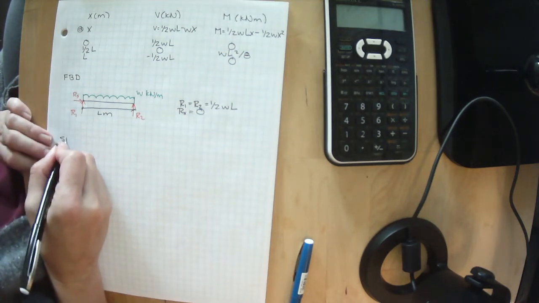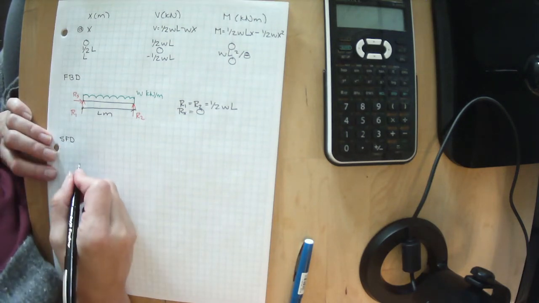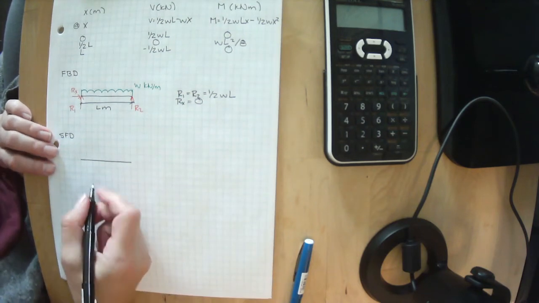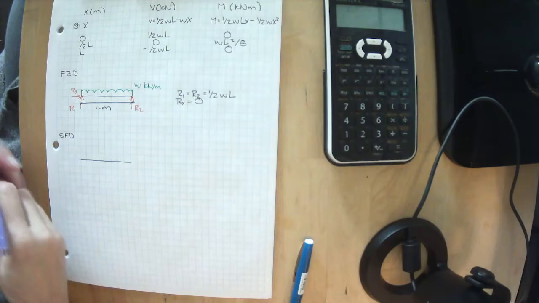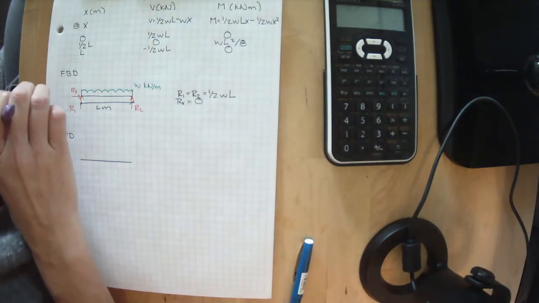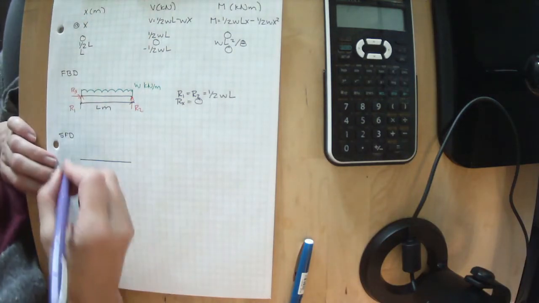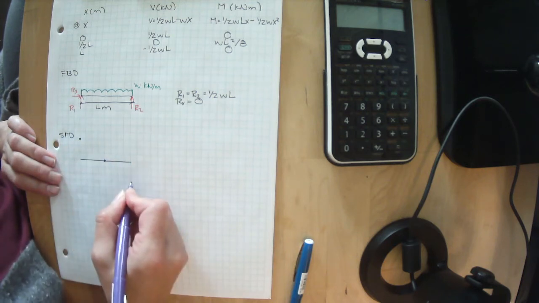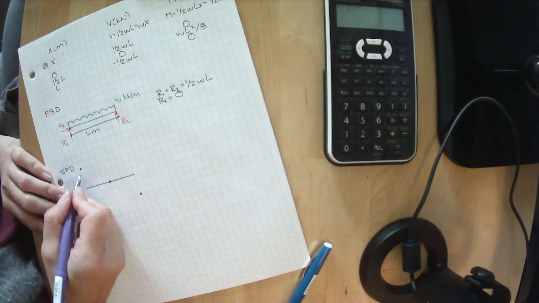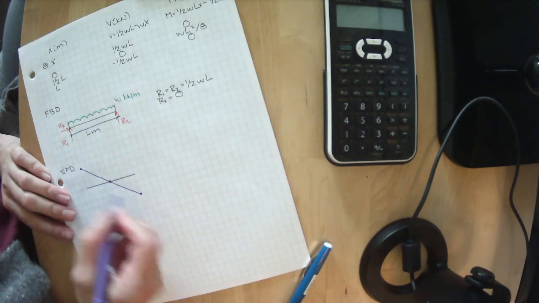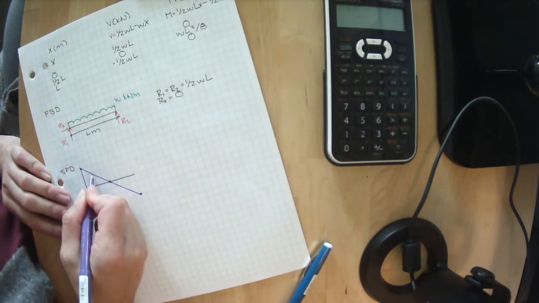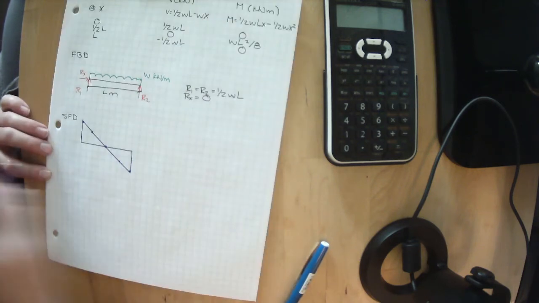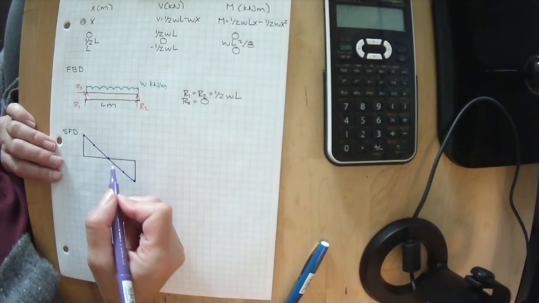Let's do our shear force diagram. All right, we have our length L. We know that we have an equation and we've plugged in a few points. If we wanted to, we could go through and plug in those points as well, and we would calculate those as well.